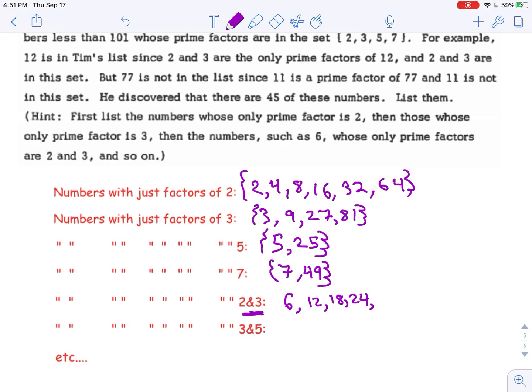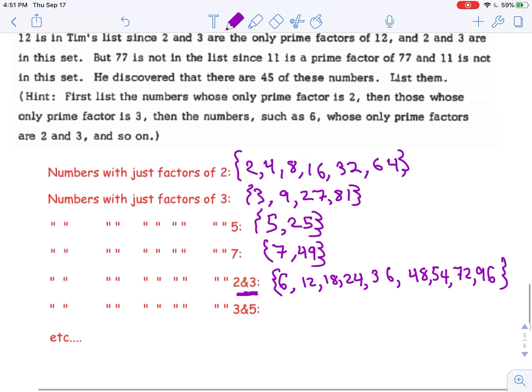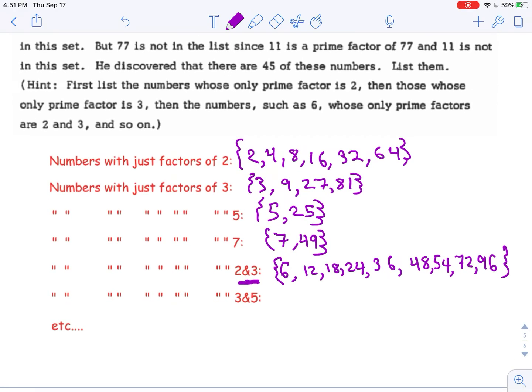Now, I'm going to leave off the 30 because I want just 2 and 3, you understand? So I'm going to skip over that. I'll jump to 36. For the same reason, I'm going to jump over 42 because that divides by 7. So I go to 48, 54, and I skip over a few before arriving at 96. We'll talk more about that in a moment.